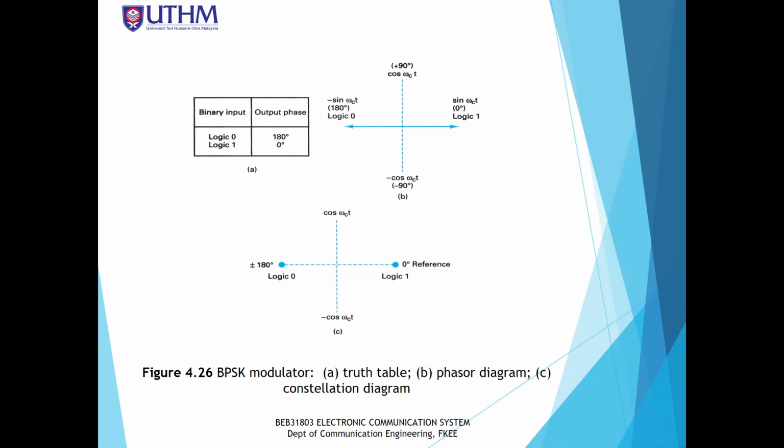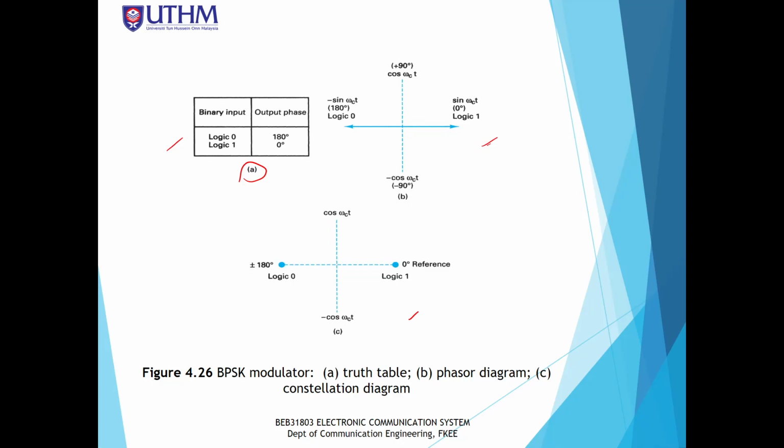So now this is what we call the truth table. The arrow diagram is what we call the phasor diagram, and the dot diagram is what we call the constellation diagram. So what is this actually? If you see the first one, table A, this shows the relationship between logic number and the output phase.